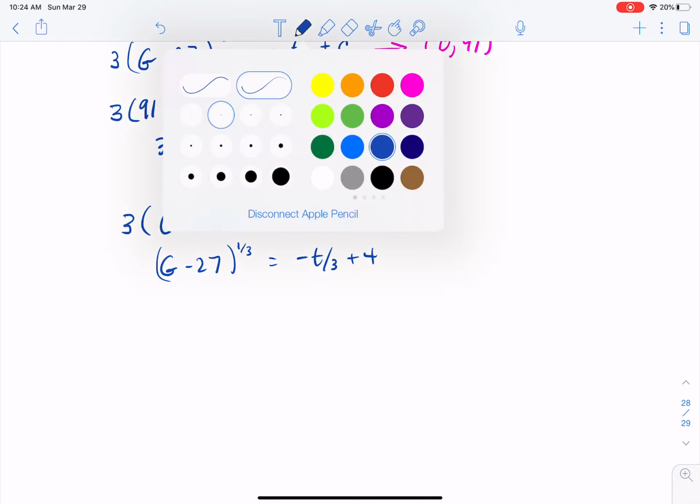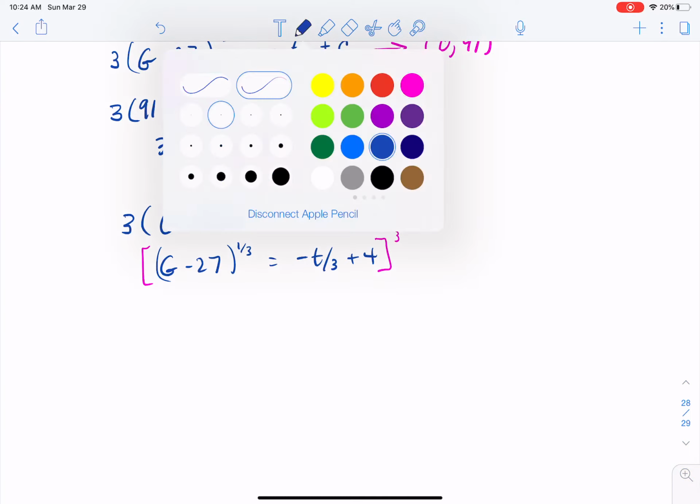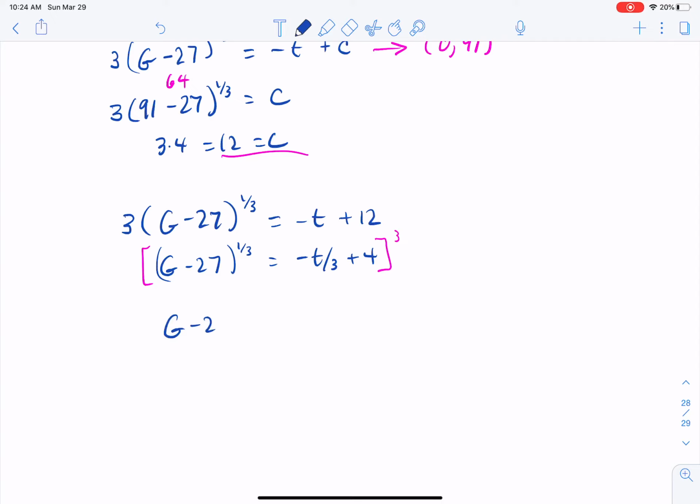And now we've got to get rid of that 1/3 power by cubing both sides of this equation. G minus 27 is equal to, I'm going to have 4 minus t over 3 cubed, right? And then the final step is to add the 27 over.